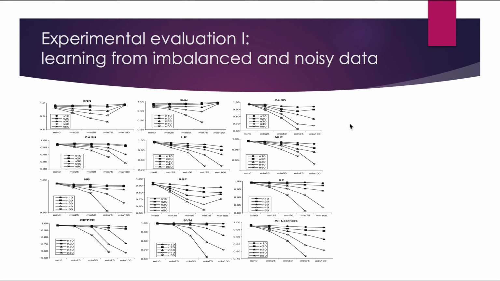For most learners, at lambda equal to 10%, the line is relatively horizontal, meaning that the AUC does not dramatically decrease. When lambda increases, the slope of the line becomes steeper as psi increases, for almost all learners.